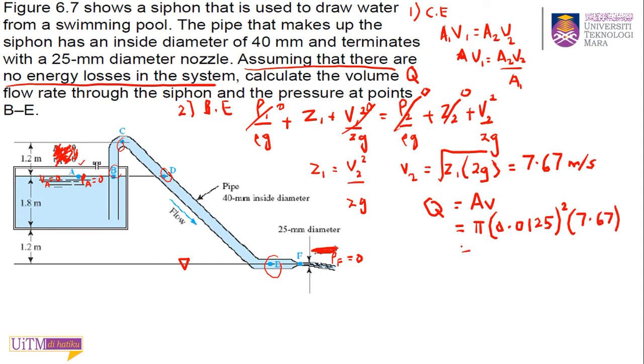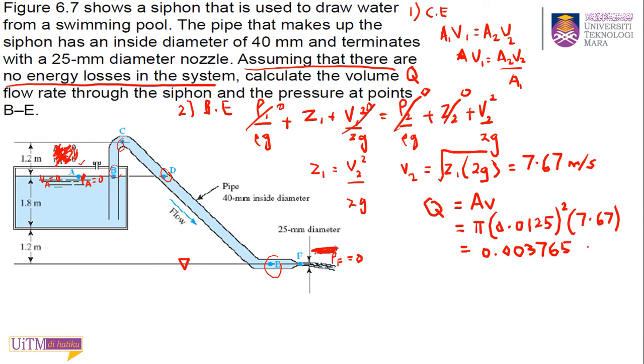So what's the answer for volume flow rate? What is the answer? 0.00376. 0.003765.